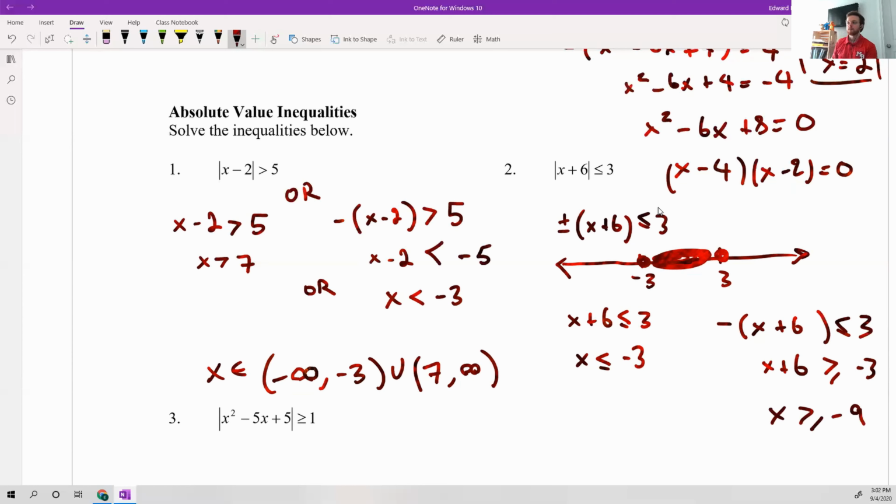Now we need to notice something here. Give me a number that's larger than negative 3. Like substantially larger than negative 3. 5 million. If I plug in 5 million into this, will it satisfy this equation? 5 million plus 6 is 5 million 6. Oh, wait, no, rewind. I just said x is greater than or equal to negative 3.